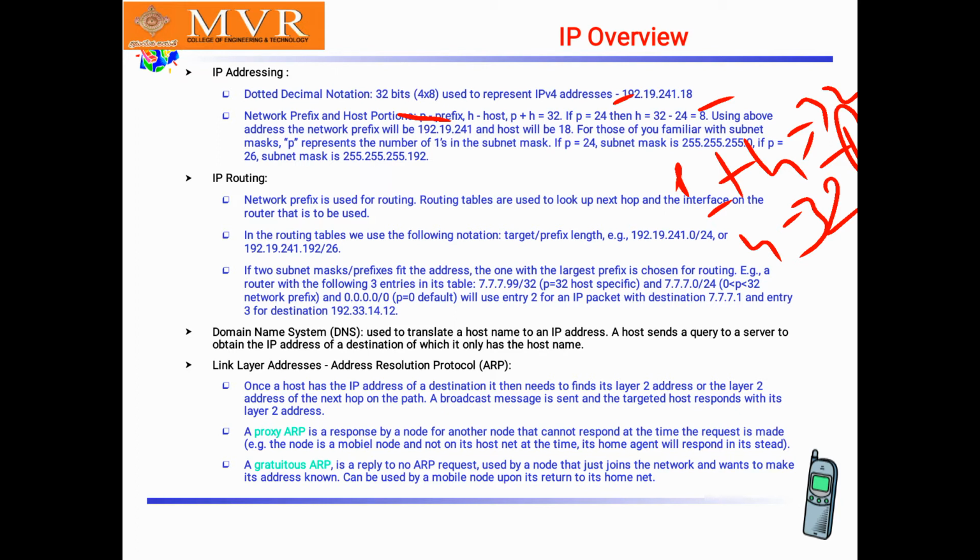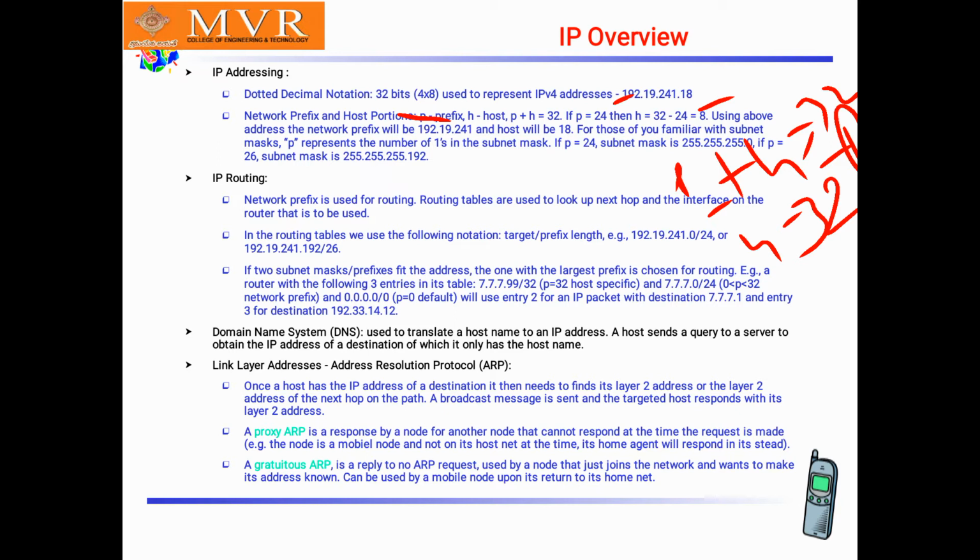For example, three entries are taken in the table, with 0 less than p less than 32 for the network prefix, and default p equal to 0. At the same time, two entries match the IP packet with this destination, and entry 3 is chosen for the destination.